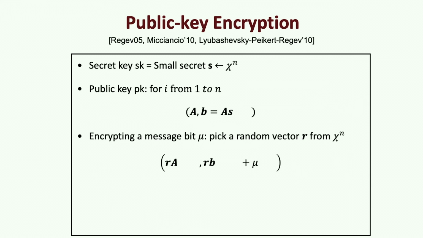So all I need to do is to look at Guy's public key, which is A and B, and compute a random linear equation on the rows of A concatenated with B, right? So R times A concatenated with B.